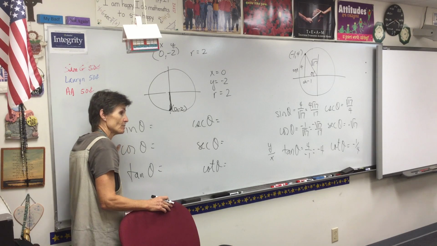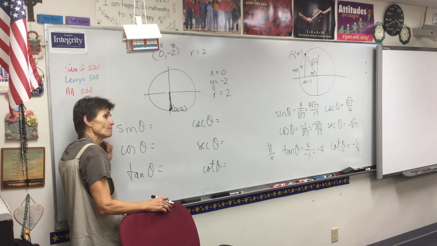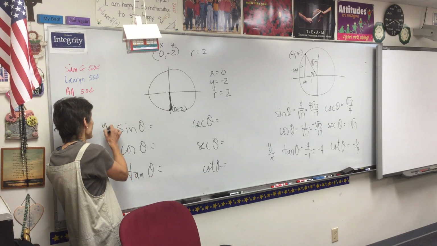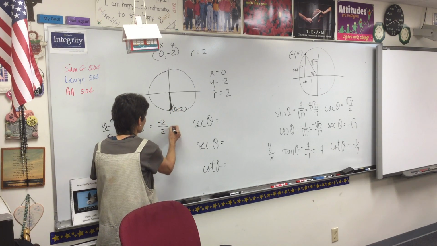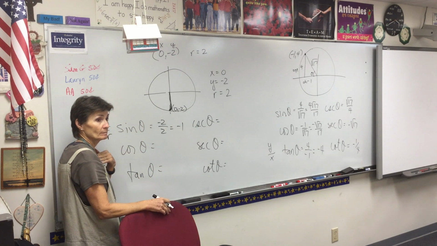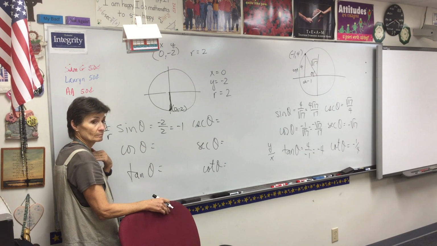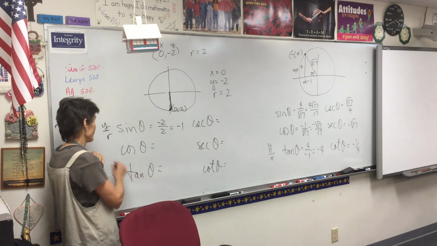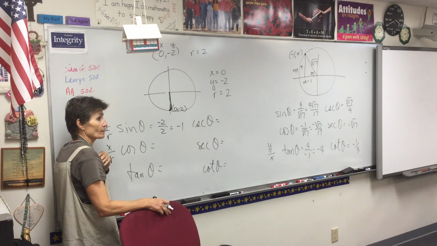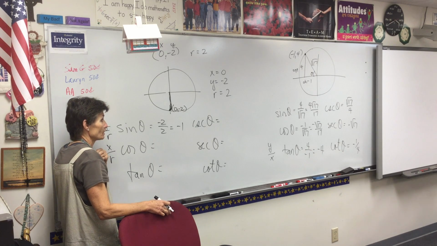All right, so here we go. Now we need to use our other definitions. What's sine? y over r. So y over r would be -2 over 2, which is -1. Right? What's cosine? x over r.